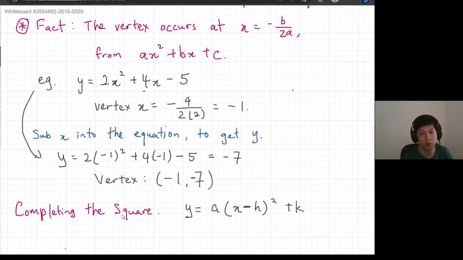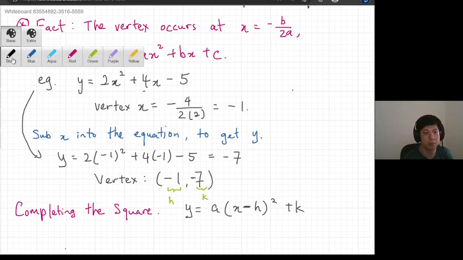If you remember, completing the square has this form: y equals a bracket x minus h close bracket squared plus k. In this case, h and k come from the vertex. h is the x value and k here is the y value.